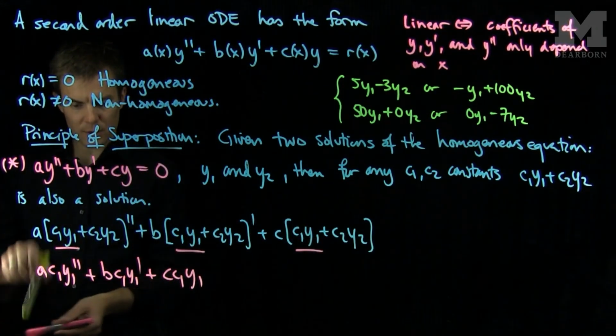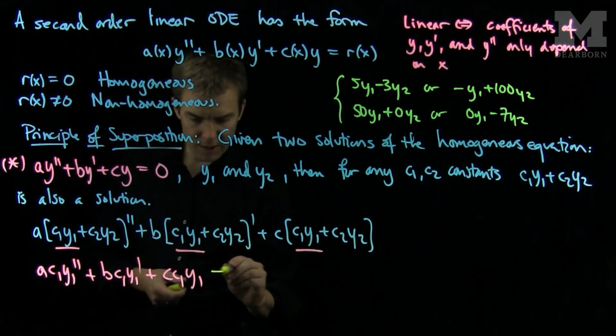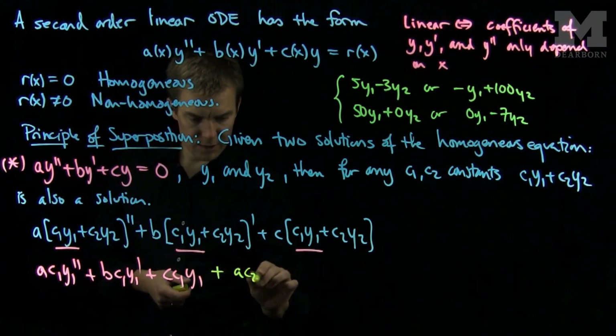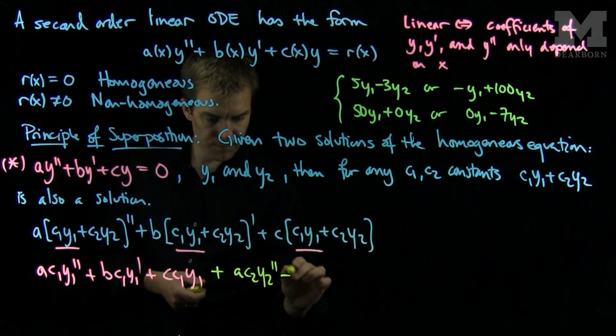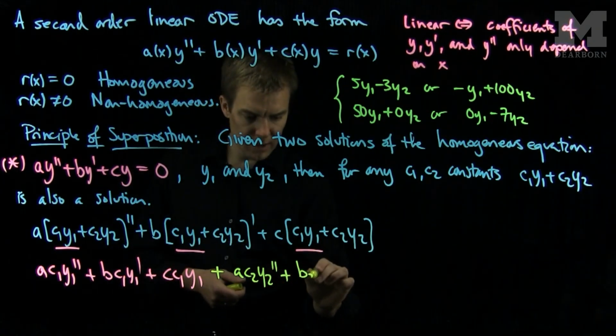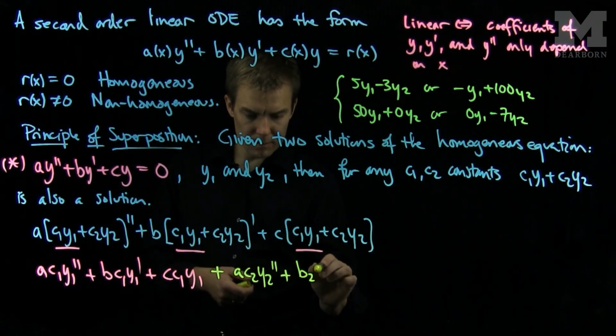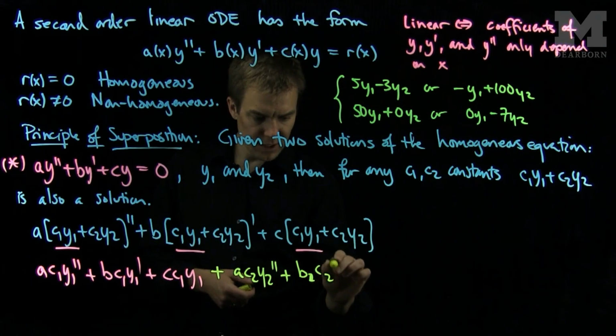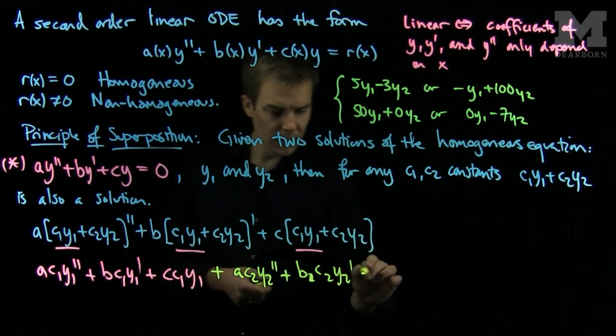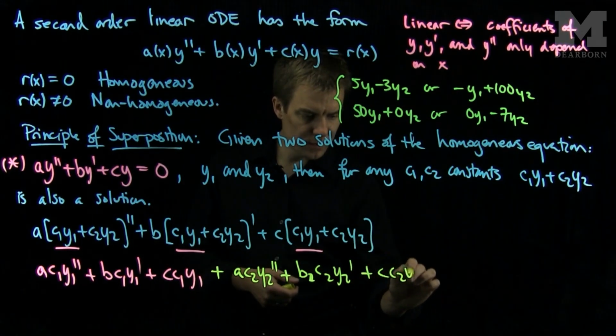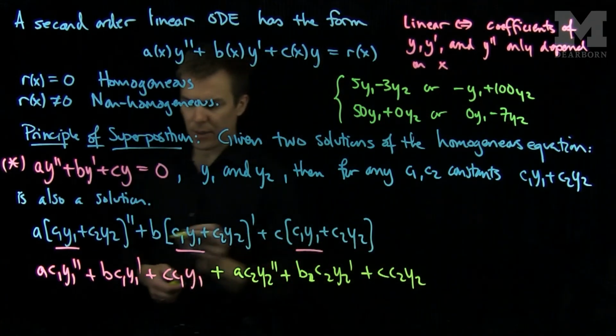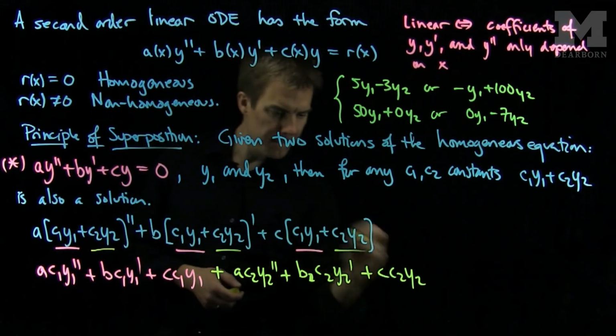And then we'll do the other terms next, plus a c2 y2 double prime plus b c2 y2 prime plus c c2 y2. And those are these terms over here.